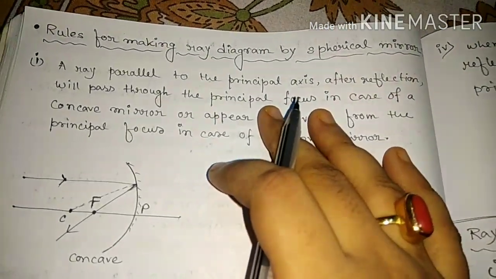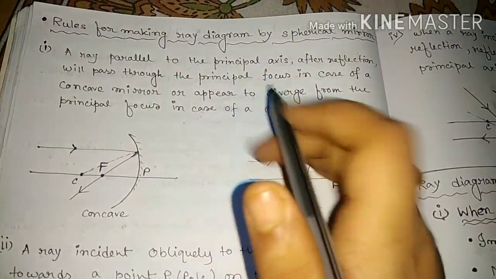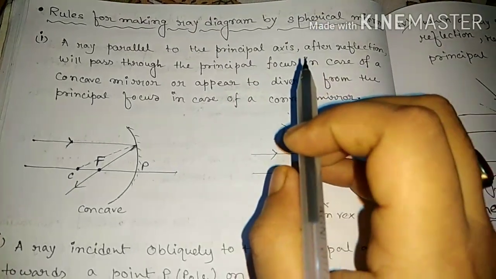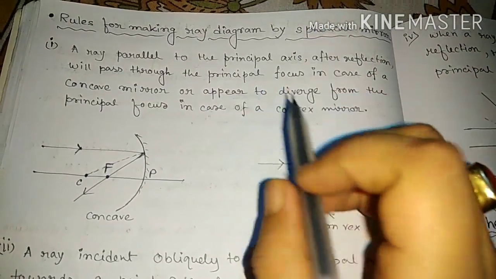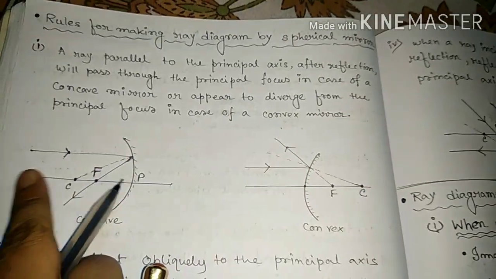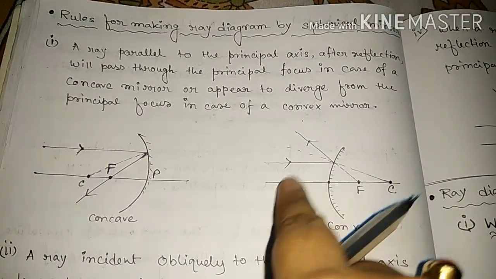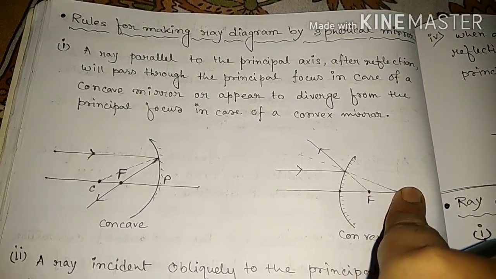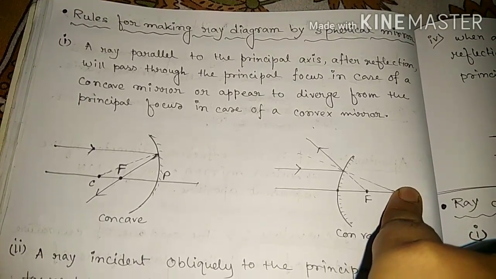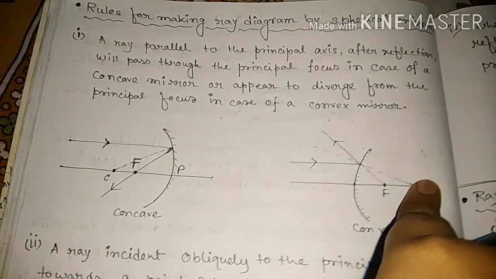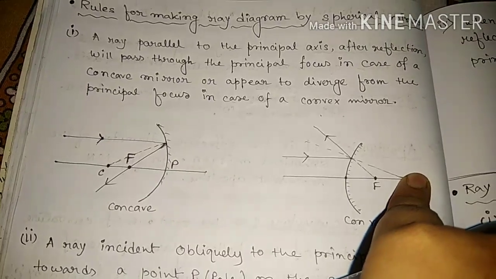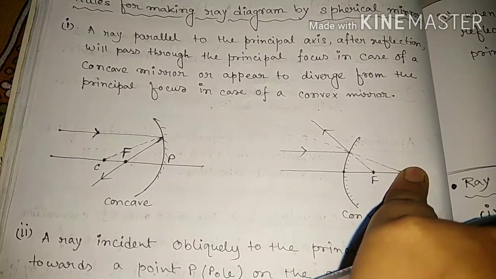Okay, so let's start with the first rule. First rule is, if a light ray is parallel to the principal axis, this is the principal axis for concave, this is the principal axis for convex. Whatever the incident ray of light, it must be parallel to the principal axis.